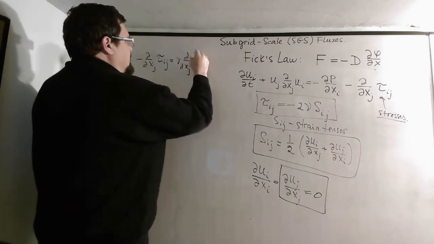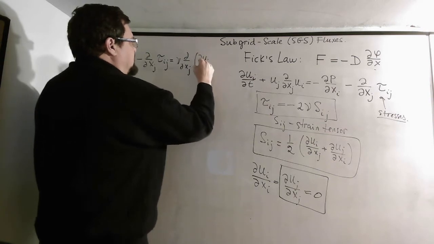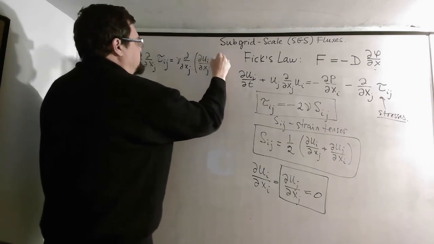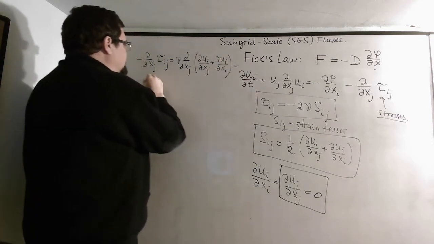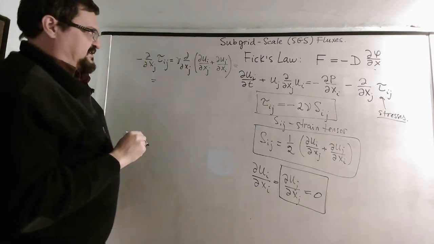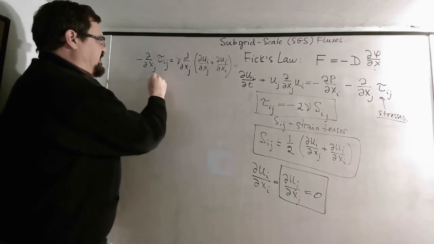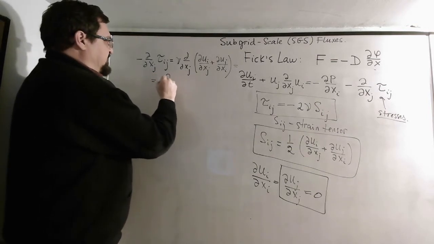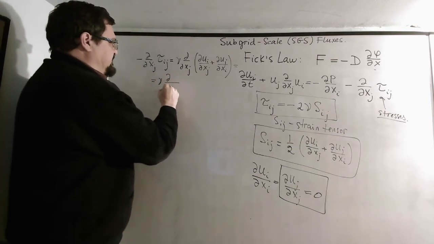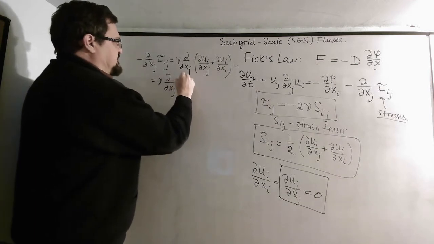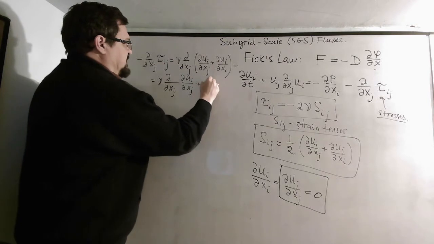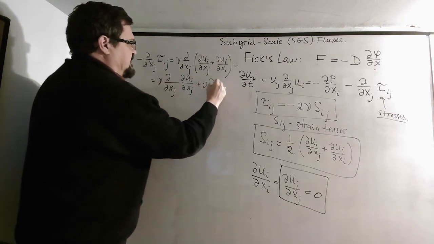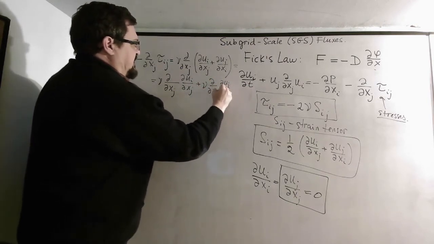So we have nu ∂/∂xj (∂ui/∂xj plus ∂uj/∂xi). And now if we actually do some math here, so let's differentiate. We have here the second derivative, nu ∂/∂xj ∂ui/∂xj plus nu ∂/∂xj ∂uj/∂xi.